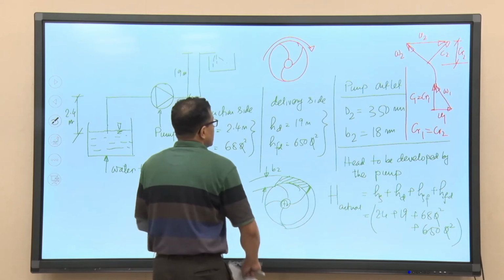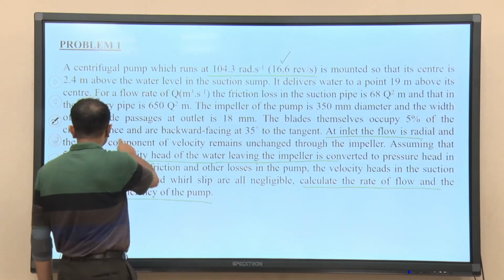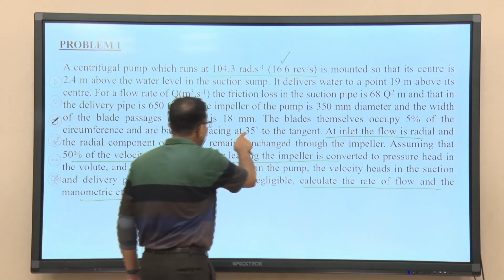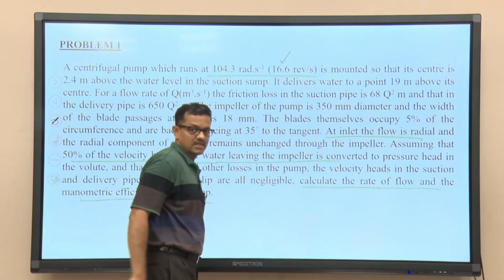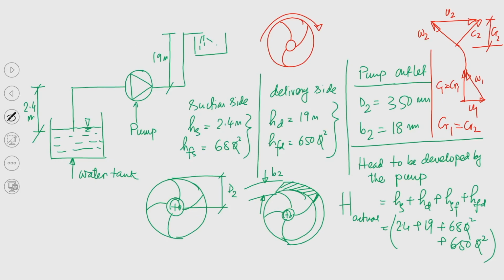Now, what is important is that it is shown that the blades face backward at 35 degrees to the tangent at the outlet, at the circumference. If we draw quickly with the tangent, this is 35 degree.